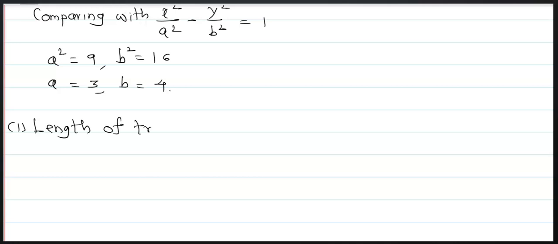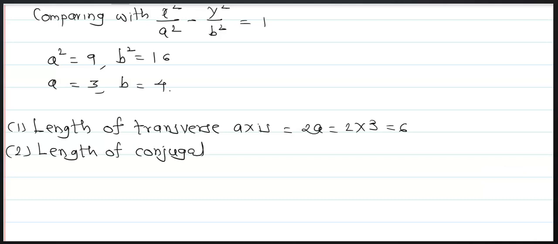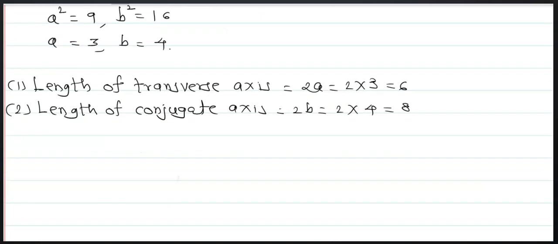The length of transverse axis, that is 2a, 2 into 3, that is equal to 6. Length of conjugate axis, that is equal to 2b, 2 into 4, that is equal to 8.